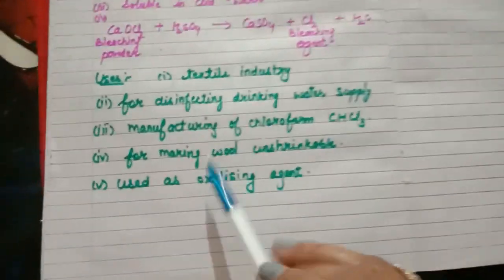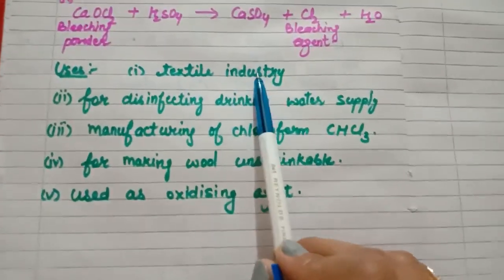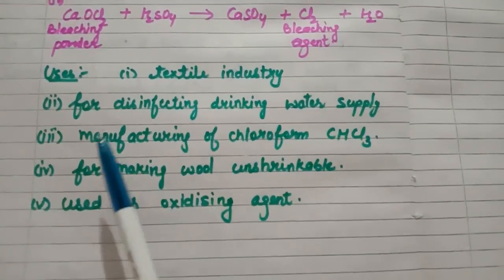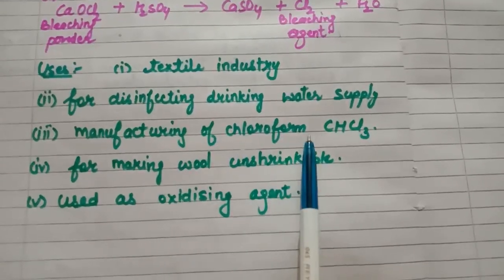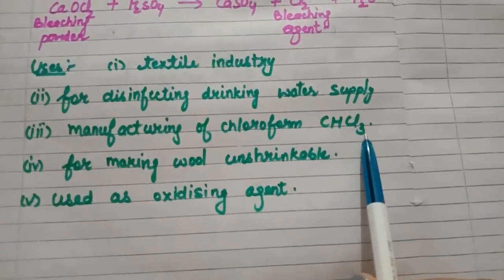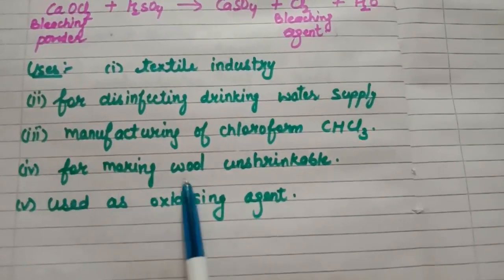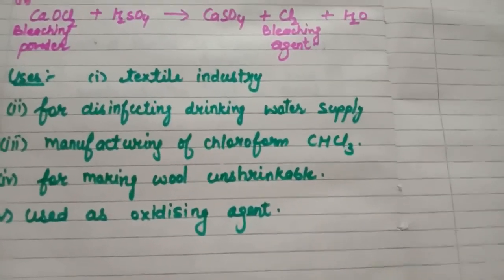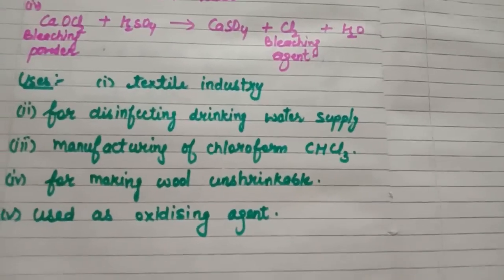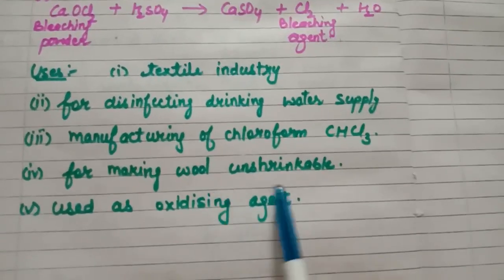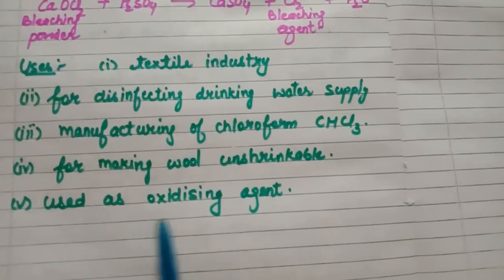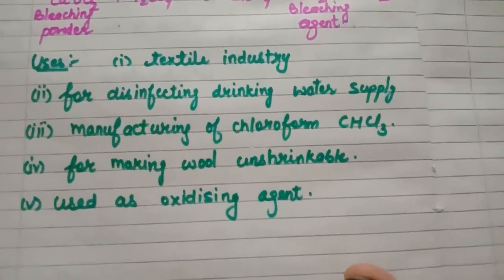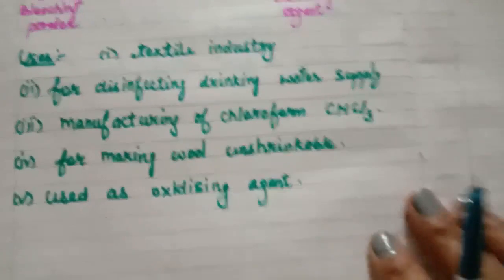Its uses are: first, it is used in the textile industry; second, for disinfecting drinking water supply; third, manufacturing of chloroform, that is CHCl3. Fourth, for making wool unshrinkable, so that wool cannot shrink. So this bleaching powder is used for that purpose. Fifth, it is used as an oxidizing agent in various chemical reactions in various chemical industries.